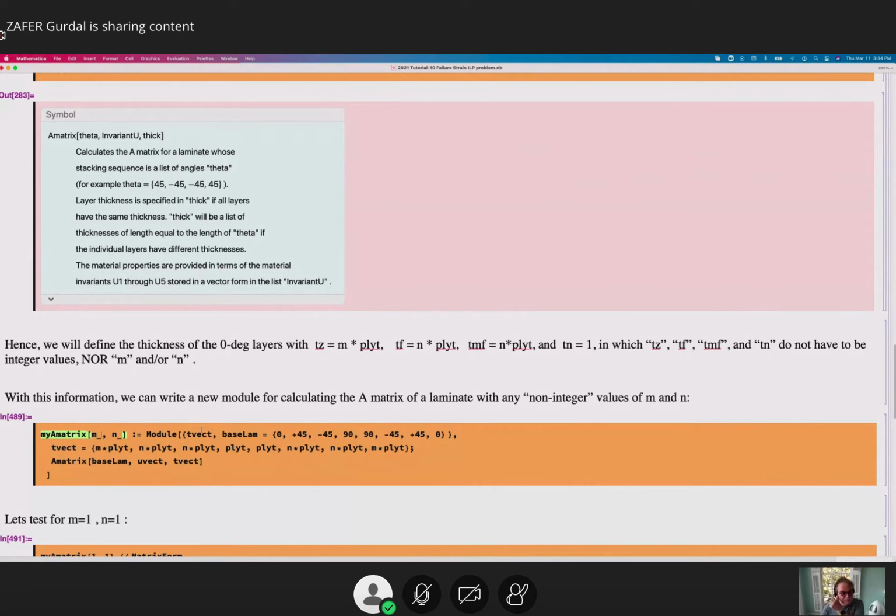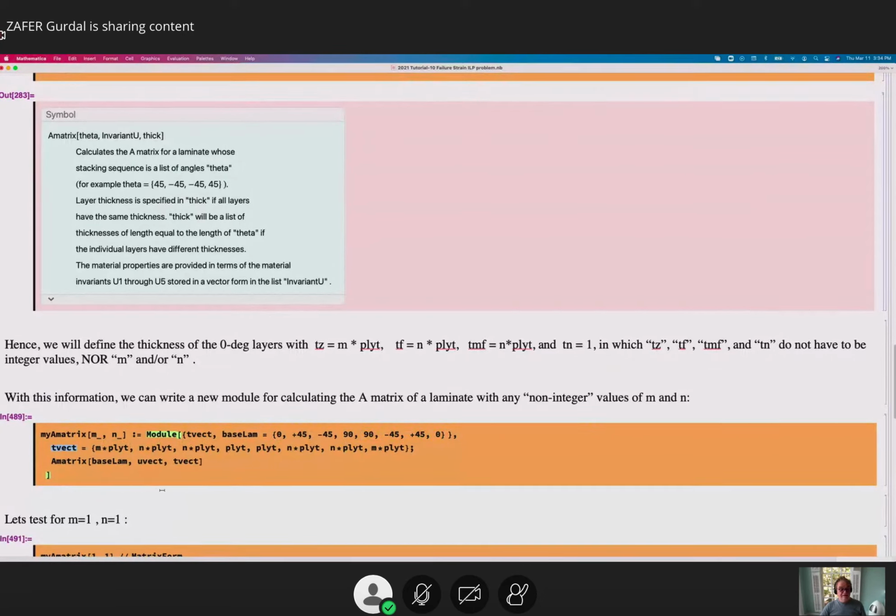But when I do my computation, I call my A matrix. I define a base layup, base laminate, which is the entire laminate of the distinct angles. No repetitions. Only the orientation of distinct angles, and the only requirement is that it has to be mid-plane symmetric. So my base laminate is 0, plus 45, minus 45, and 90, and I take the symmetry of it.